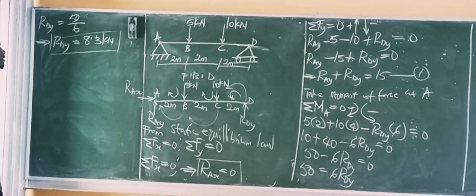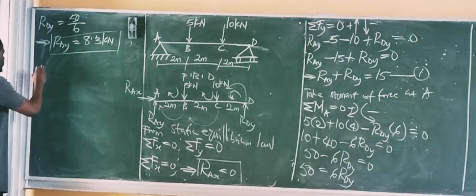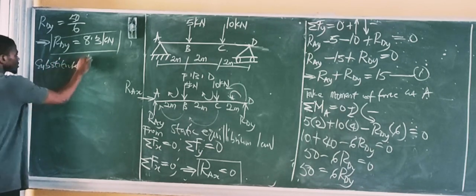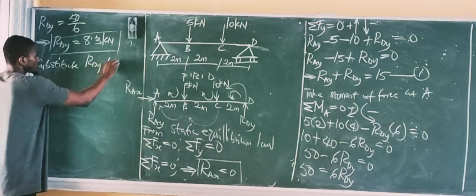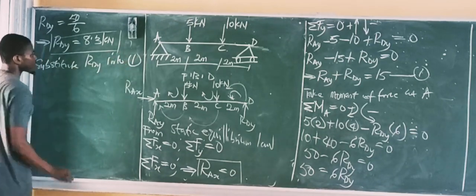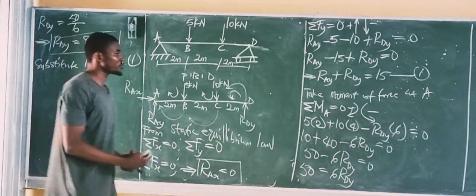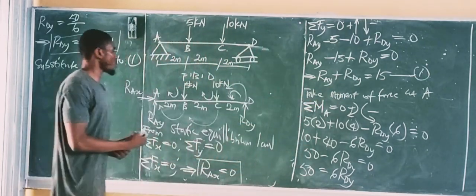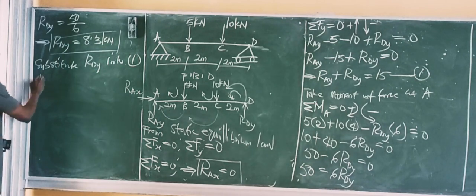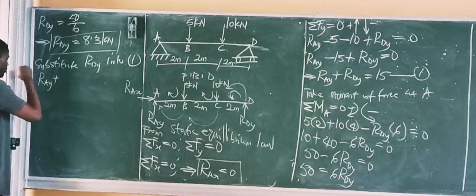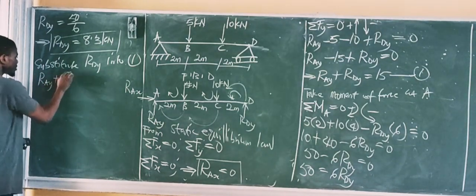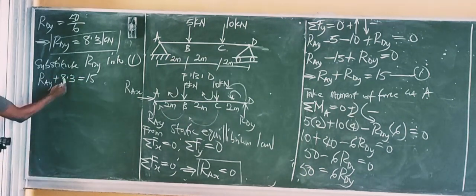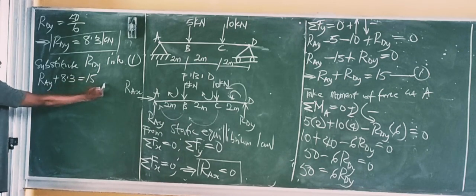Having known the value of RDY, simply substitute RDY into equation 1. In place of RDY, we put in that value, 8.3 kilonewtons. So we have RAY plus 8.3 equal to 15 kilonewtons. We send plus 8.3 over to this side of the equation.